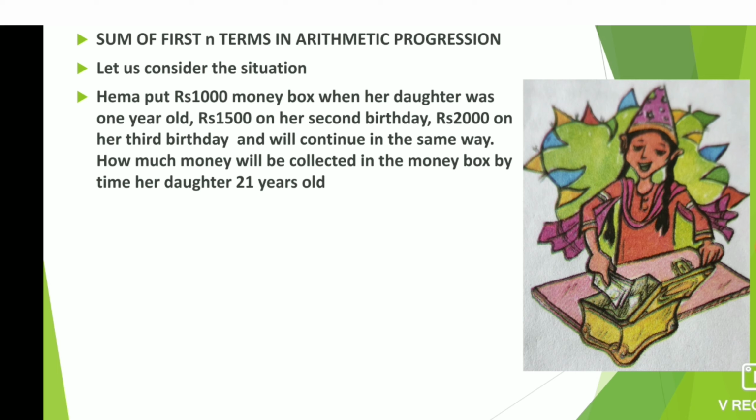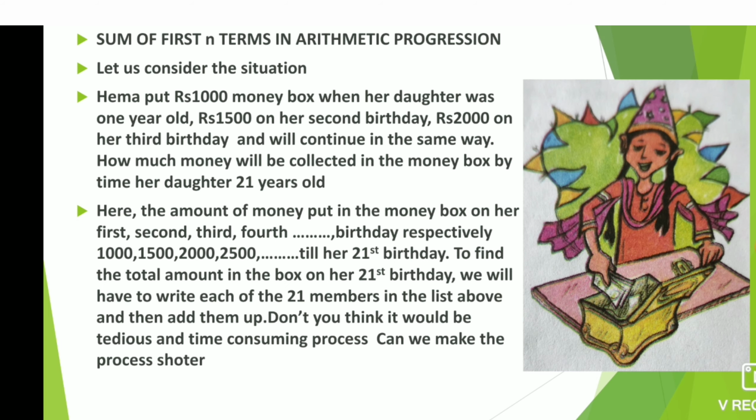How much money will be collected in the money box by the time her daughter is 21 years old? So the amount of money put in the money box on her first, second, third, fourth birthdays and so on respectively is 1000, 1500, 2000, 2500, and so on till her 21st birthday.